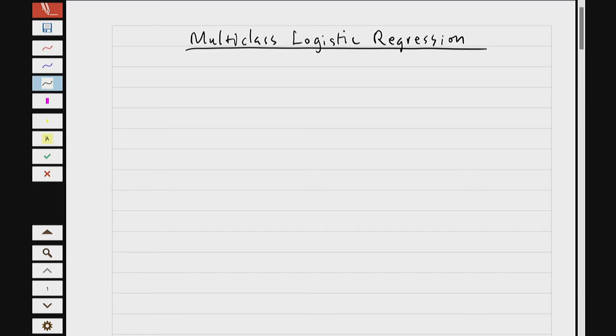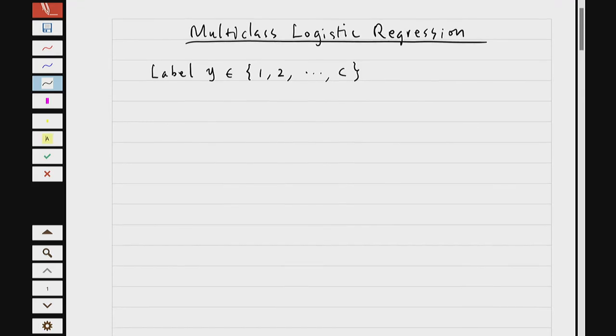So, what do we mean by multi-class logistic regression? Of course, that means the label y is no longer simply +1, -1. It's no longer binary. We have, let's say, C classes of objects. You can say image identification is a dog, a cat, or a bird, whatever you can imagine.